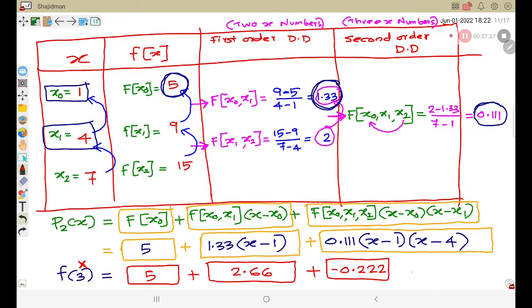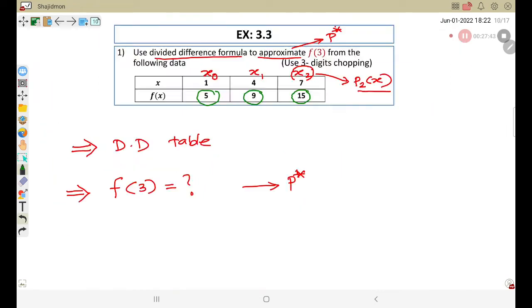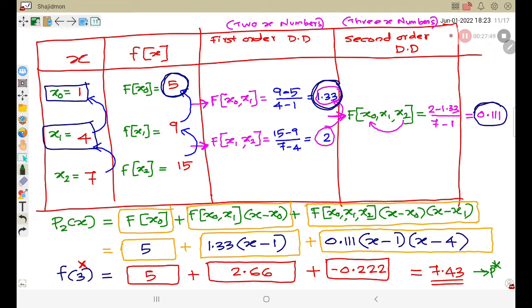Now after adding, we get 7.43. This is the approximate value, the P star value of f of 3, which is what our question asks. I hope you understood this idea.